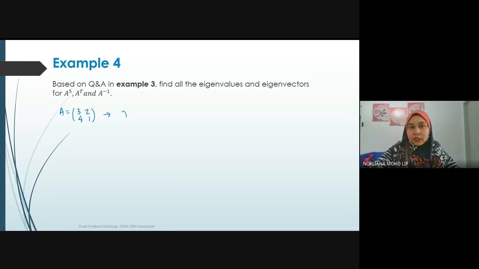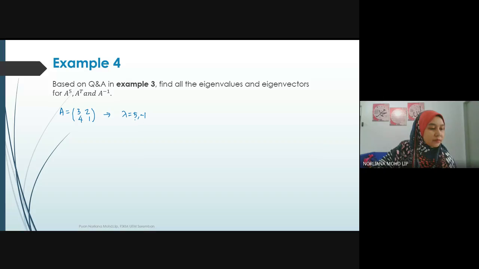Okay, we have lambda equal to... Okay, ni dah cari tak? Homework hari tu kan? Susul kan? We have lambda equal to 5 and negative 1 kan? Dapat tak? Yang lain dah cari tak ni?